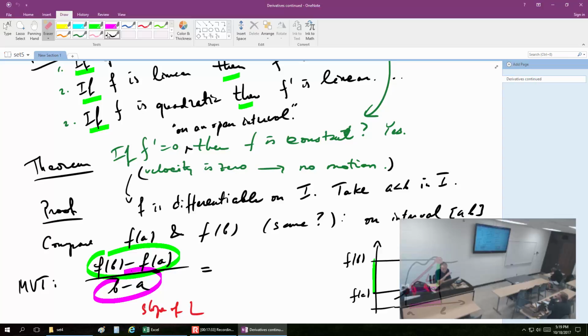Yeah, that's right. So how do I illustrate it on my picture? The derivative is the slope of the tangent line. So you see where that special point is.